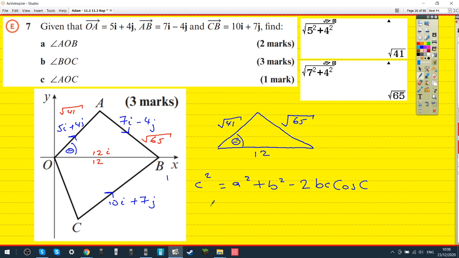Is c 12 squared? Side C has to be opposite the angle C. Oh, so it's 65 squared. Yeah, root 65 squared. Root 65, yeah.